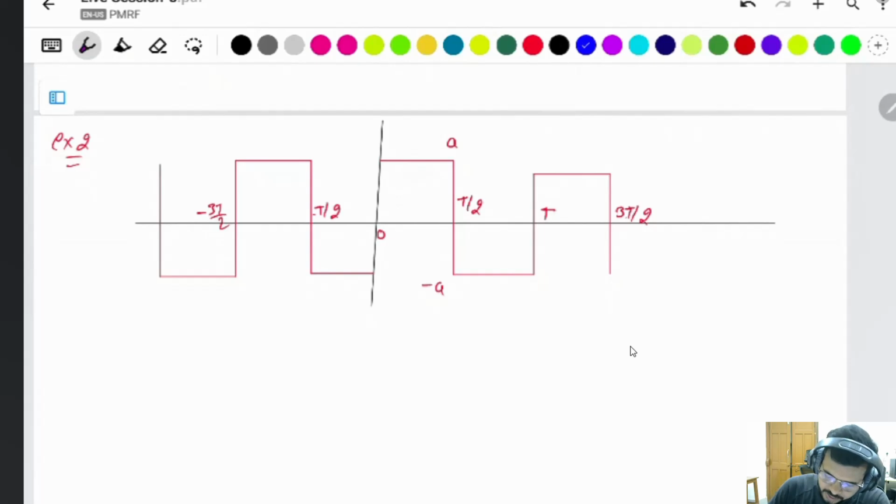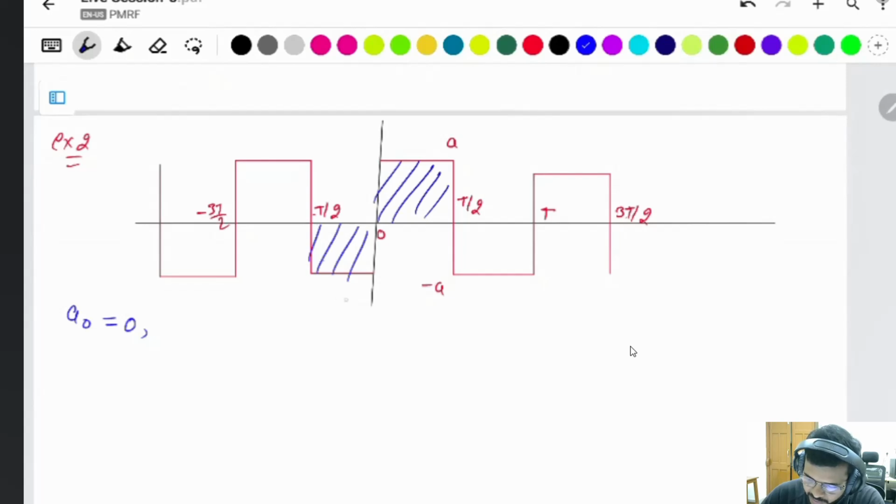In this case, what is the an? A naught will be again 0. Why? Because of this one. The area, in this case, the positive minus t by 2 to t by 2, this is the time period t. Area positive and negative both are same. That's why this will be also 0.